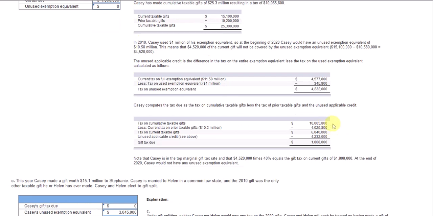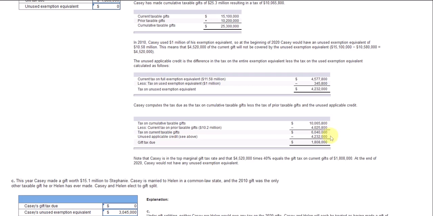We take the tax on the cumulative taxable gifts, $10,065,800, less the current tax on prior taxable gifts of $10.2 million. That gives us the tax on the current taxable gifts.